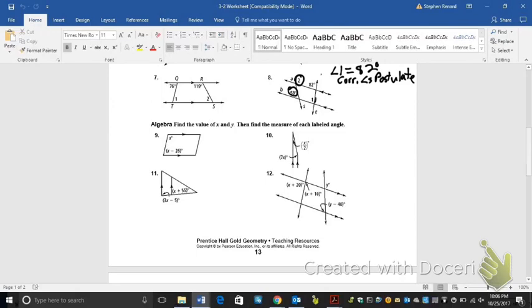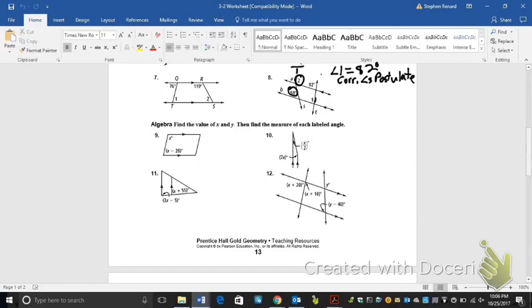Likewise, when we have angle 2 and the 58 degrees, we're going to kind of have to do what we did last time. We don't have a relationship that directly explains angle 2 and the 58 degrees, but we do have a series of changes which we can do.